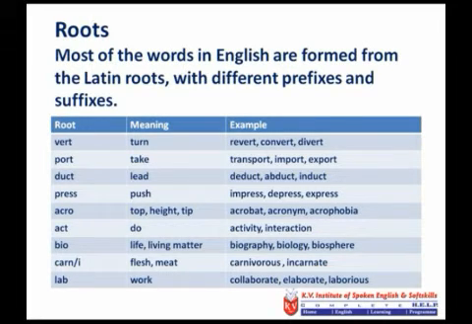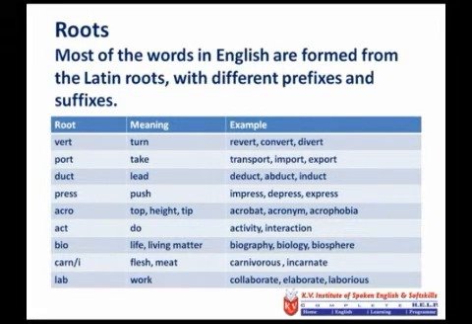Port means take: transport, import, export. Duct means lead. Deduct, abduct, and induct are the words which can be formed with duct. Press means push: impress, depress, and express.